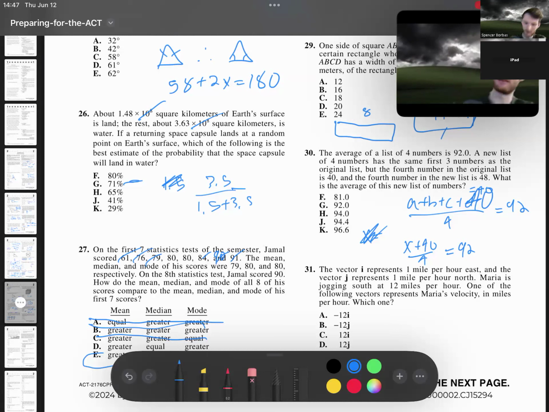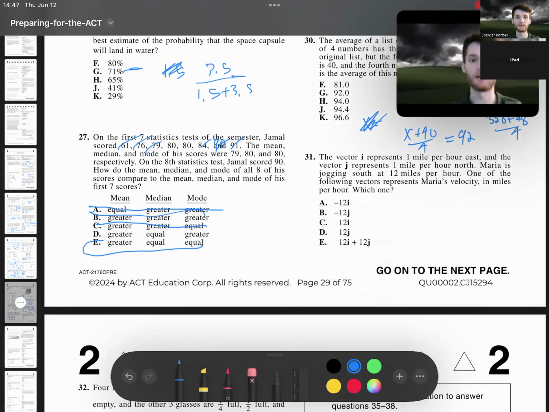All right, 328 plus the new number, 48, divided by 4. 328 plus 48, and then divide that by 4 is 94. Okay. Man, I am falling behind. All right, I'm gonna pick up the pace.